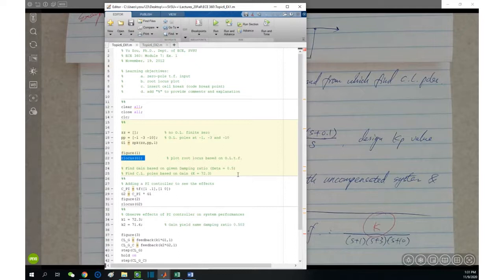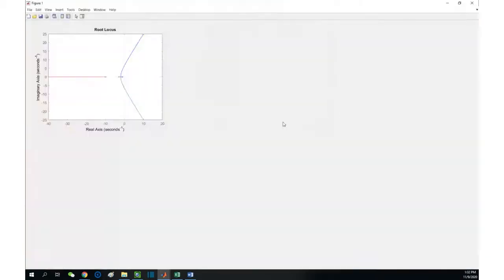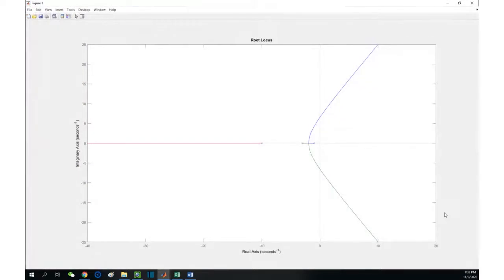And then root locus is plotting the root locus for the uncompensated system. This is the code, and if you run this section, this is the resulting root locus. Uncompensated system root locus.